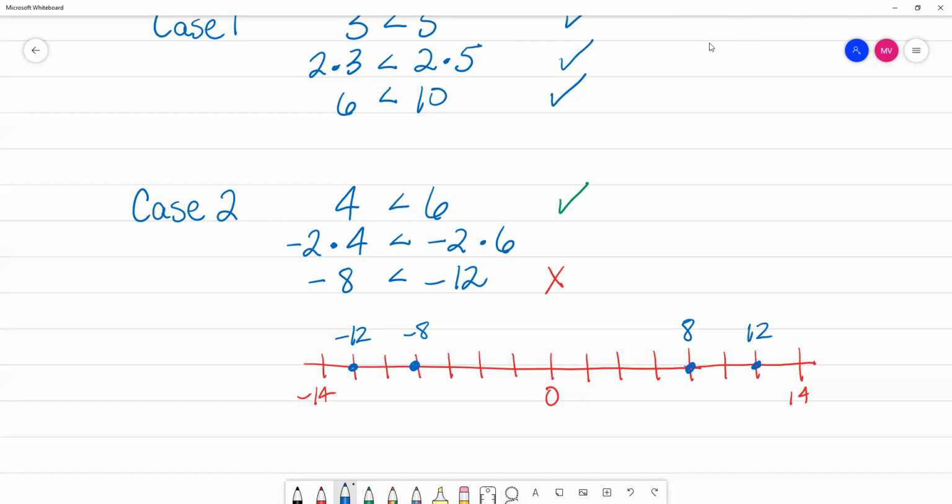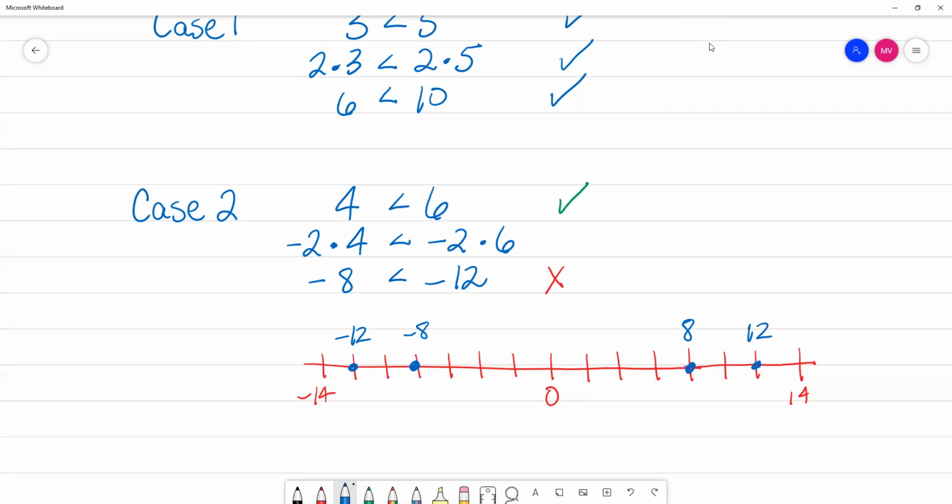So whenever you multiply times a negative, hold on, let me put it the way they put it so I don't say this wrong. Okay, case 2 illustrates that if you multiply both sides of an inequality by the same negative number, you must reverse the inequality symbol to make an equivalent inequality.